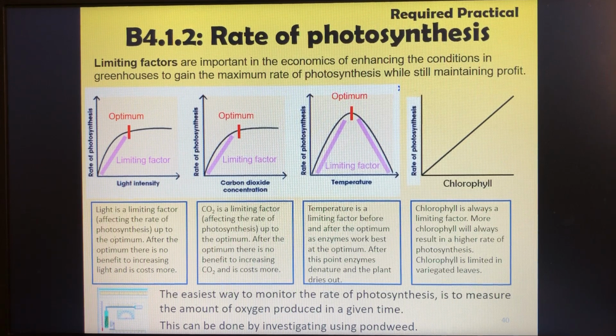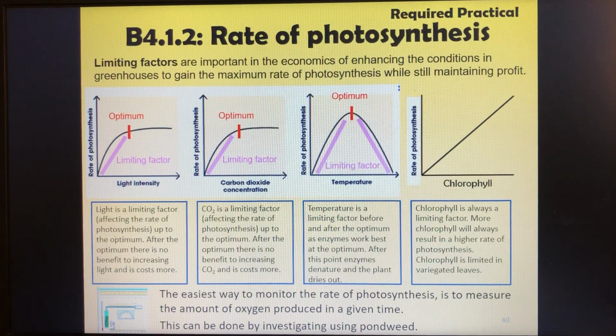Same conversation for carbon dioxide. You can see it's the same shape graph. So carbon dioxide is a limiting factor affecting the rate of photosynthesis up to the optimum. After the optimum, there is no benefit to increasing carbon dioxide and it costs more. So we've seen the same shape in the curve there, and we've seen that they both get to that optimum and then level out.